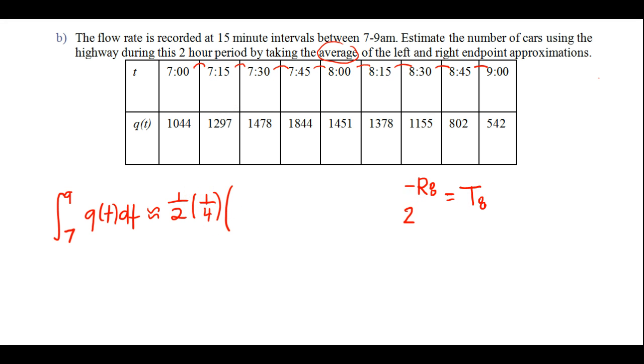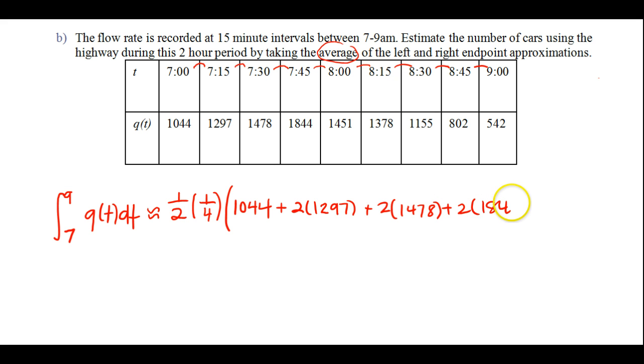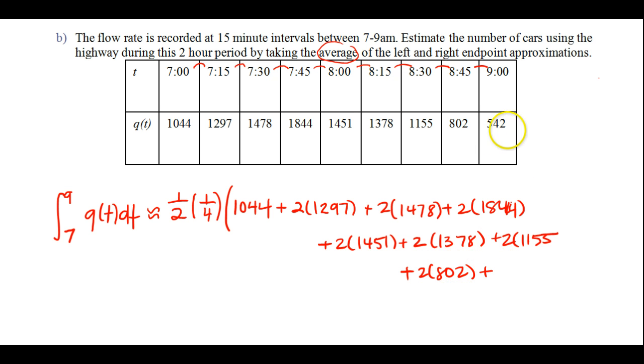And then here's where I leave the first output alone, and then I start to double every middle output. So 2 times 1,297, 2 times 1,478, and so on, plus 2 times 1,451, plus 2 times 1,378, plus 2 times 1,155, plus 2 times 802, plus, and we don't double the last term, 542.